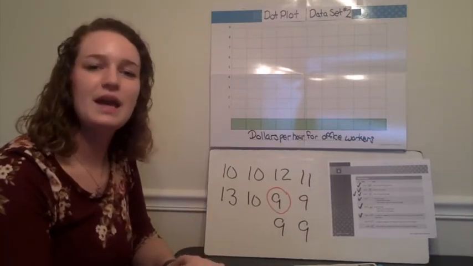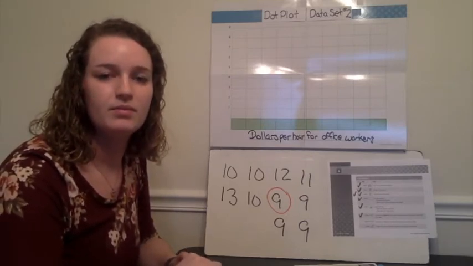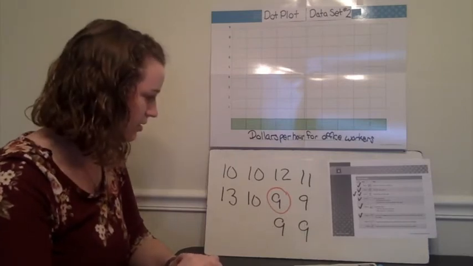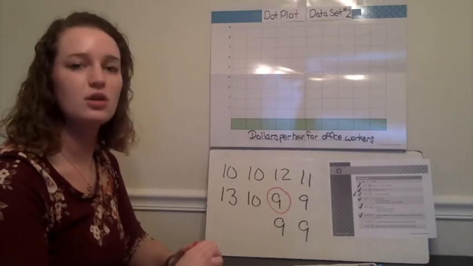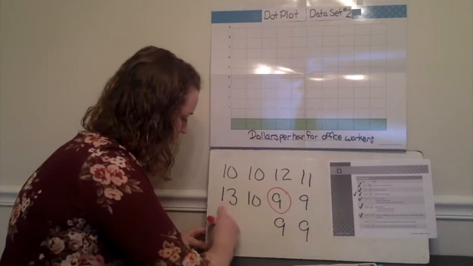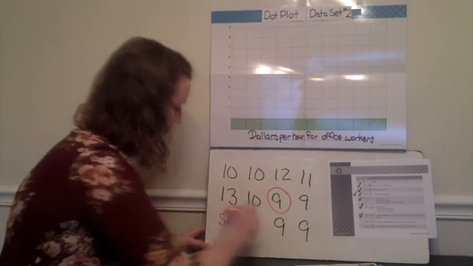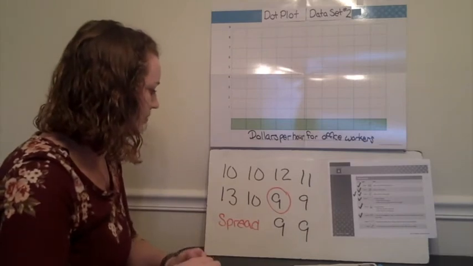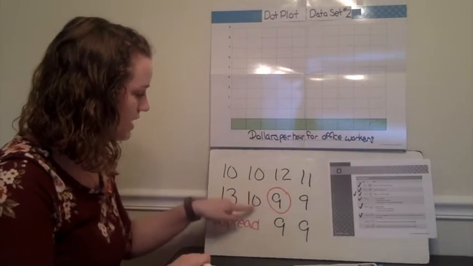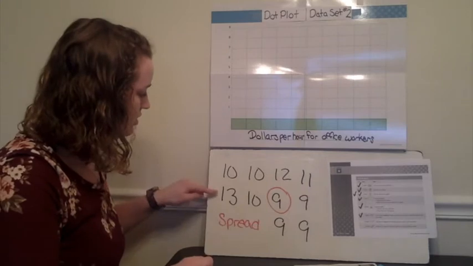Okay, what do we have to do next to find our spread? We have to find the biggest number, the biggest one we have. So go ahead and look. What do you think is the biggest one we have? We have 9, 10, 11, 12, 13.